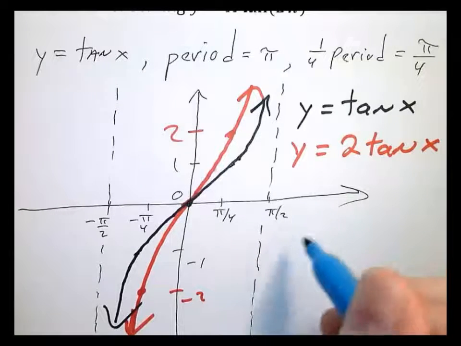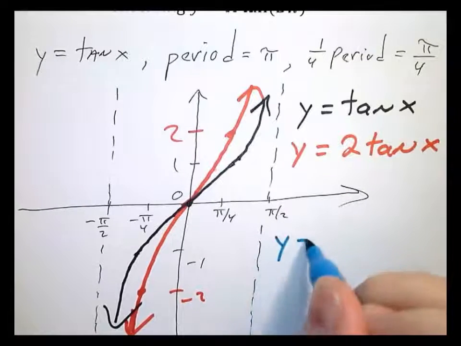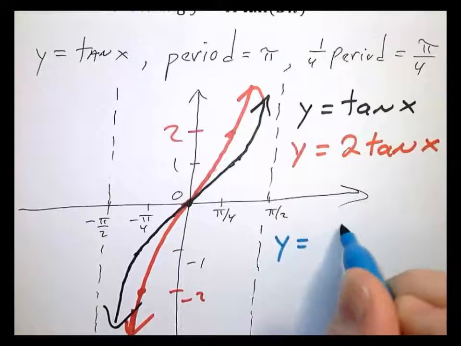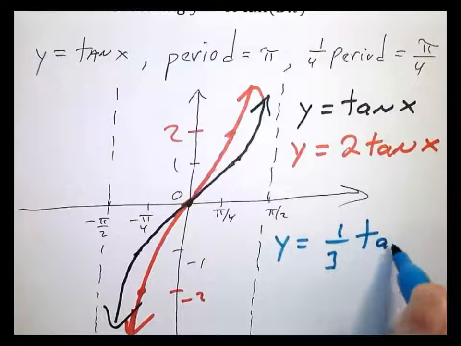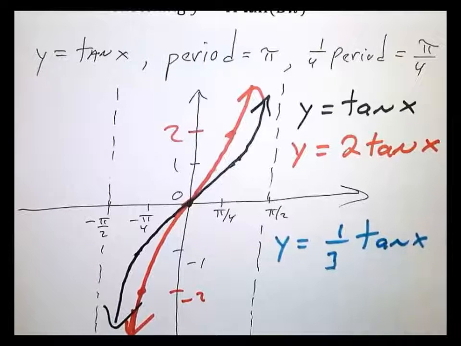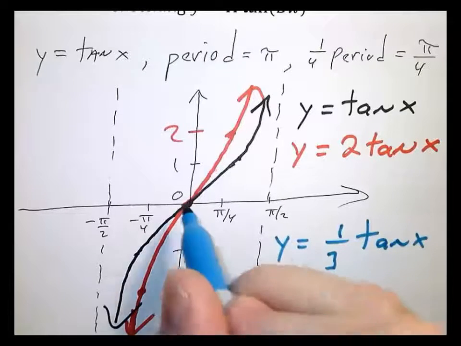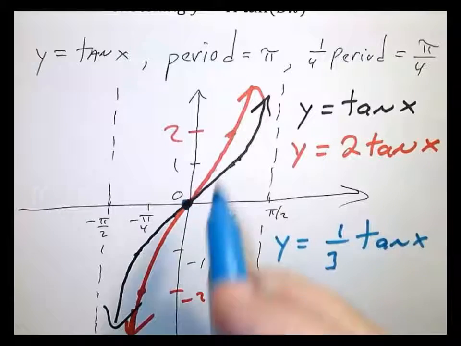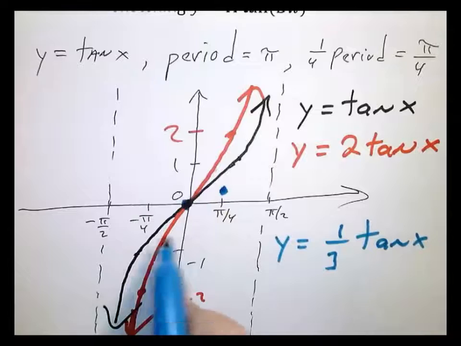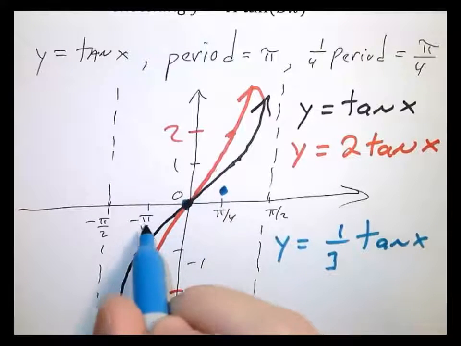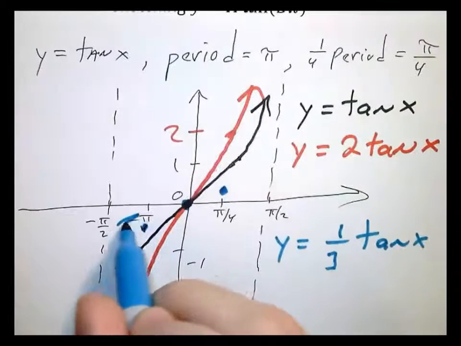On the other hand, what if I have y equals, say, 1/3 tangent of x? Well, still at 0 I'm going to get 0, but now instead of being at 1 here, I'm going to be at a third. And instead of being at negative 1 here, I want to be at negative a third.